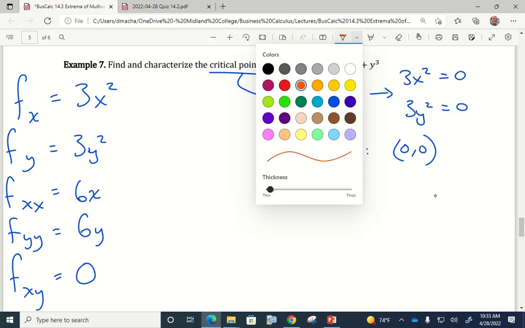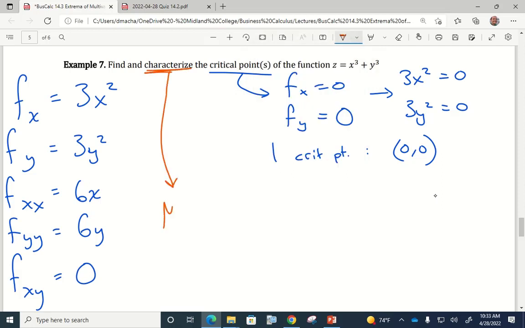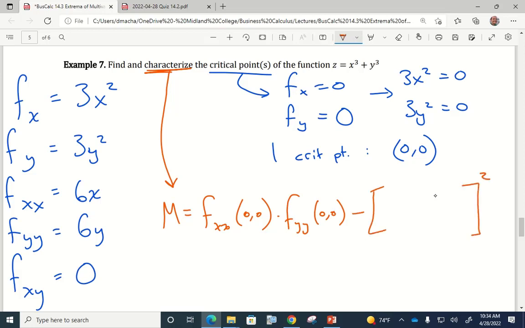What about characterizing? Gotta do this whole thing. And if I take the second derivative with respect to x, which is 6x, and I plug in x equals 0, y equals 0, that would be 6 times 0.